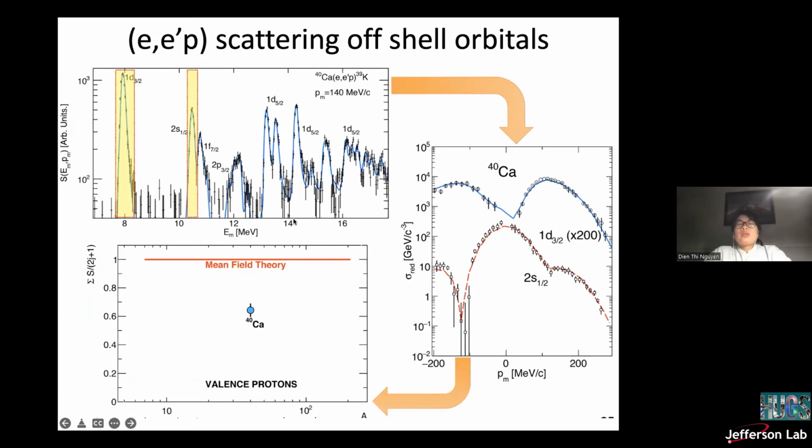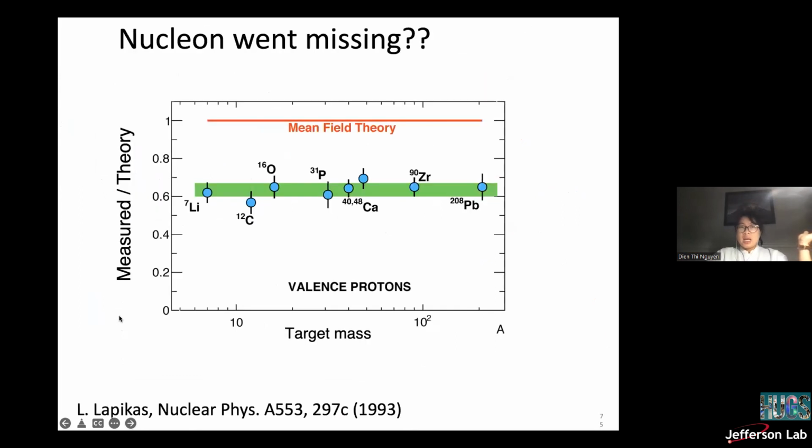When we think about the normalization, we plot it here. If they agree with each other in terms of normalization, then the ratio should equal 1. But if you take the ratio of the data to the prediction from the mean field, you see this ratio is about 0.6. And actually, it is consistent behavior along a large range of target mass nuclei.